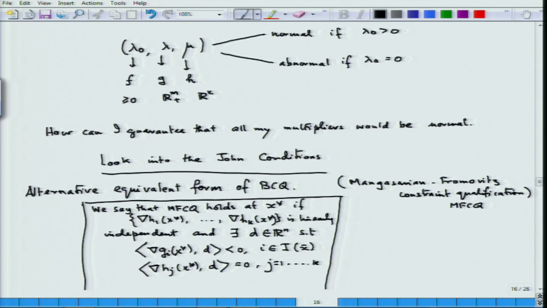Now, how have I come to this? That is a very, very important thing. For this, we actually apply what is called the Motzkin theorem of alternative.